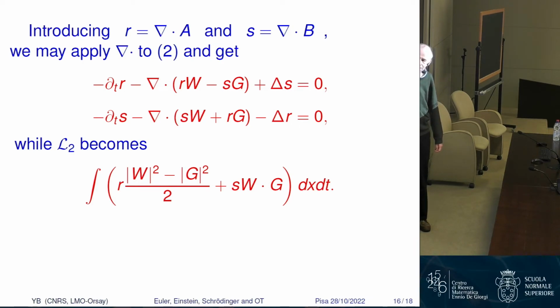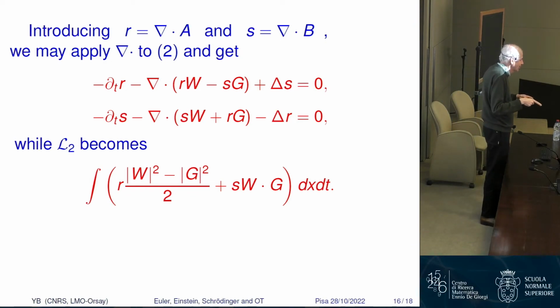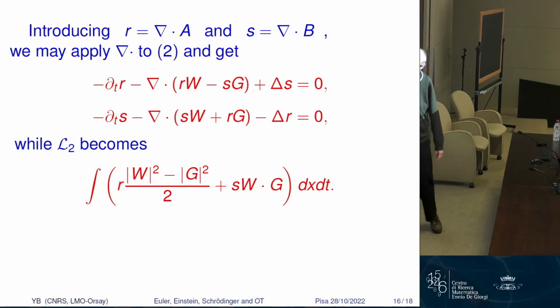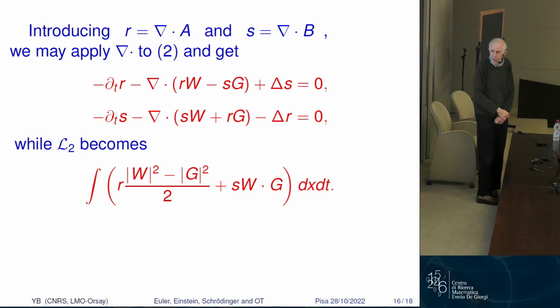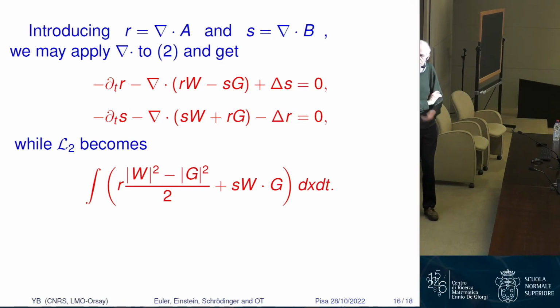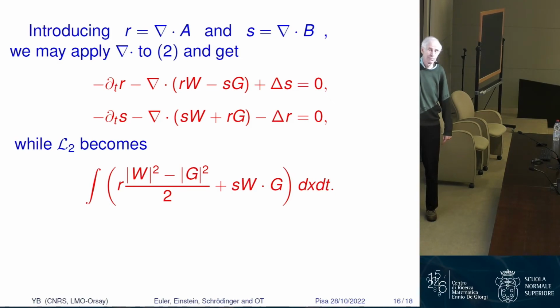You really recognize our old-fashioned optimal transportation. And here this is a real square. This is the Euclidean length of the vector, so there is no complex number anymore here. And of course you get the new terms, which are the minus G squared and this product of W and G. So if you compare with the classical optimal transportation problem, you see that it's richer, because you have this additional term, and also there is this dispersive term.